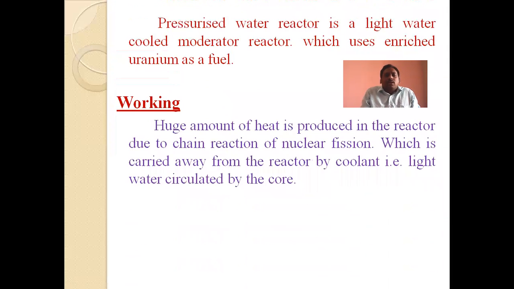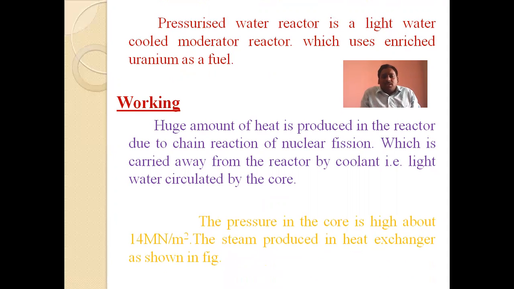The pressure in the core is about 14 meganewton per meter square, maintained in the reactor vessel, and steam is produced as I showed earlier in the PWR figure.